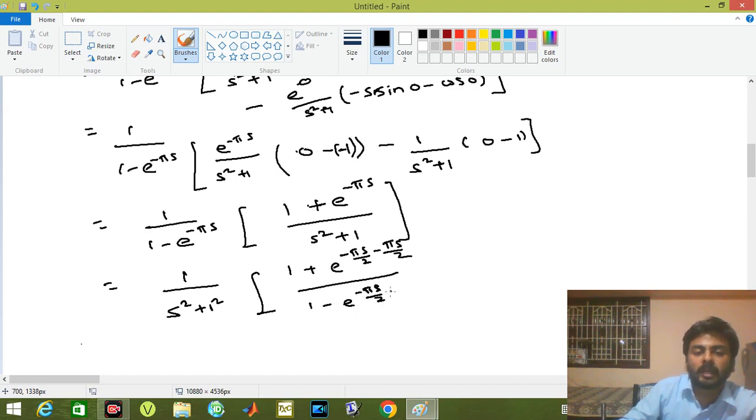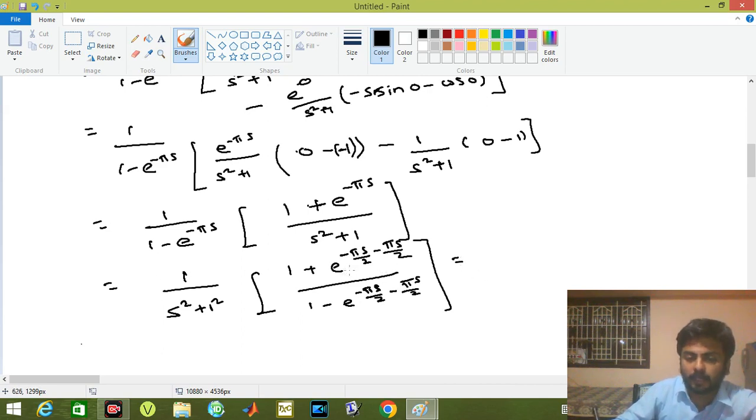Then again you will have minus pi s by 2, because e power of pi s can be written as e power of pi s by 2 plus pi s by 2, x can be written as x by 2 plus x by 2.